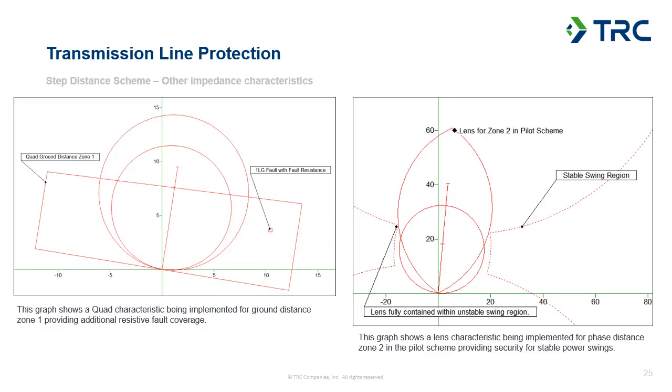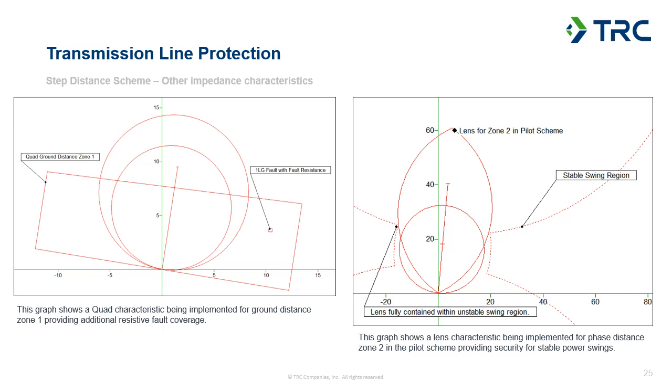So this example here is just really showing a couple of the other impedance characteristics you might see. The one on the left here shows a quad characteristic. You're able to not only set the reach of the element with respect to the transmission line, so this is shown somewhere around that 80% coverage of the transmission line, but you're also able to set how far into the resistive axis the element is going to see.